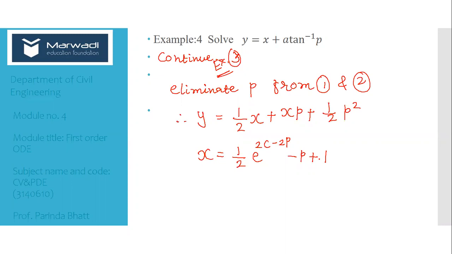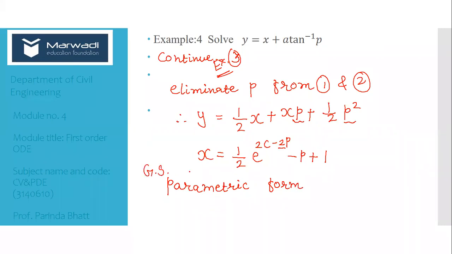This is the general solution, and that is in the parametric form. Here we are not getting the solution in the format where p is not present, right? Therefore, that is known as a parametric form. Right?